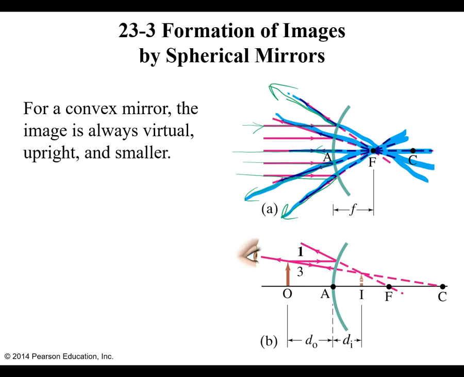Now, since the focal point is actually behind the mirror, then we say that the focal point is going to be negative. So for a convex mirror, the focal point is negative. But for a concave mirror, which is what we dealt with in the last few slides, the focal point is going to be positive.